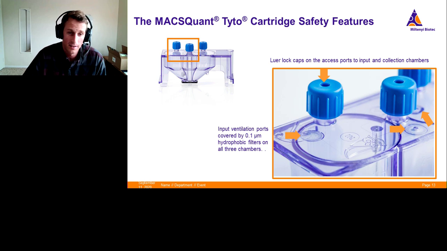From an operational perspective, I'd love to go into more detail about how much awesome tech this cartridge has, but in reality, all you do is take off the cap, put your sample in one side, and then put the cartridge into the Tyto, and it kind of does the rest. We used to have all these slides on detail of the different cartridge elements, and they're really not that profound.